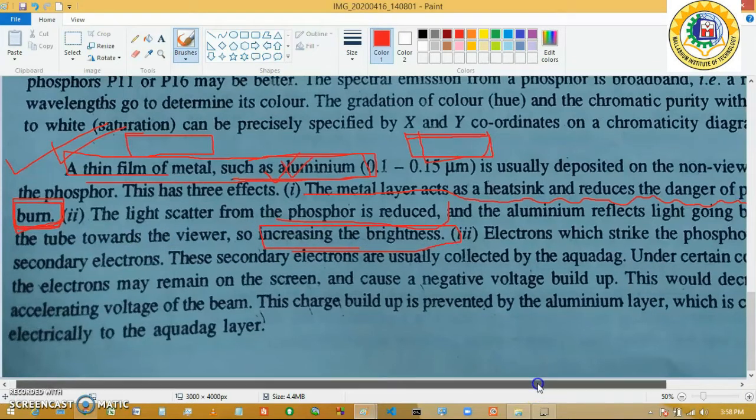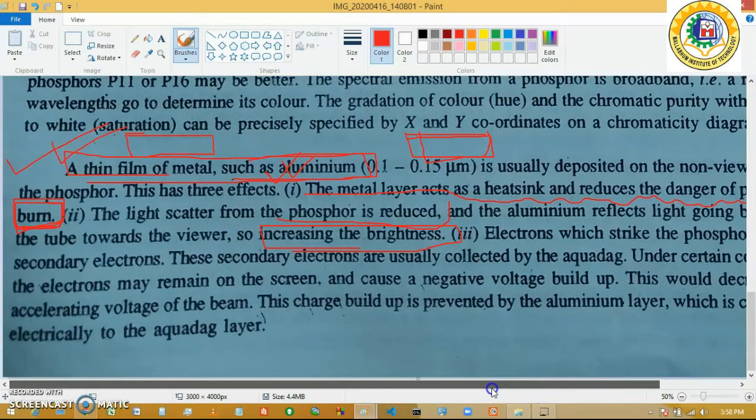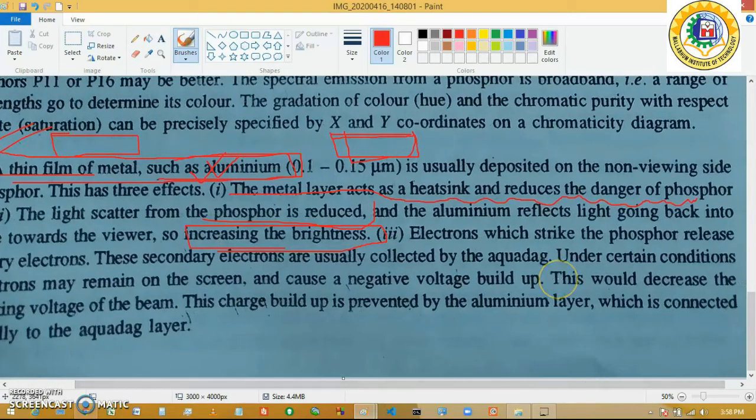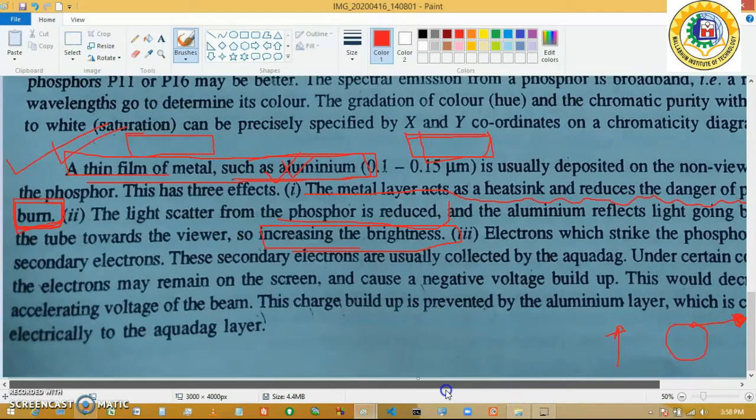And the third advantage concerns the secondary electrons. Whenever the phosphorus gains some amount of energy, its energy level increases, so some electrons from the outer shell may be emitted from the phosphorus. These electrons are called secondary electrons, and they are collected by the aquadag.